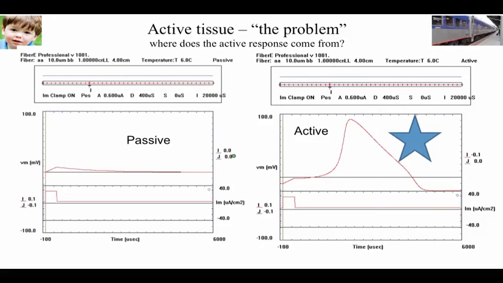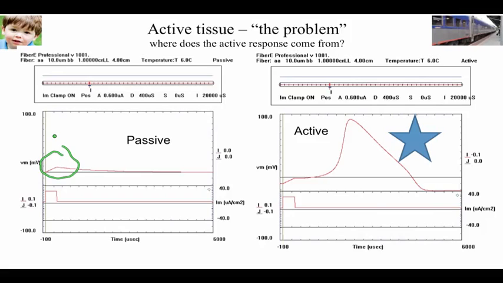If we look at passive tissue and we apply a stimulus to it, in this case we're applying a stimulus from outside the tissue, but it would be equally true for a naturally occurring stimulus. In passive tissue, there's a little bump in response to the tissue, and then nothing more.